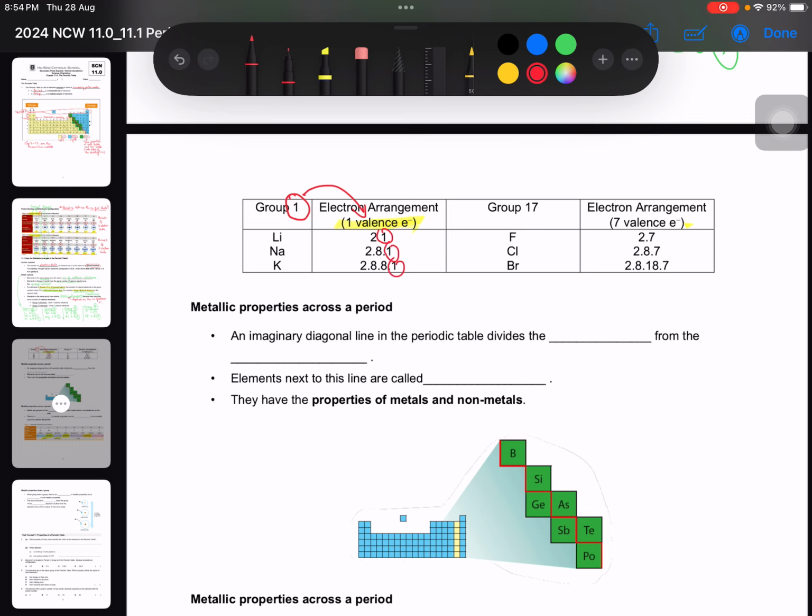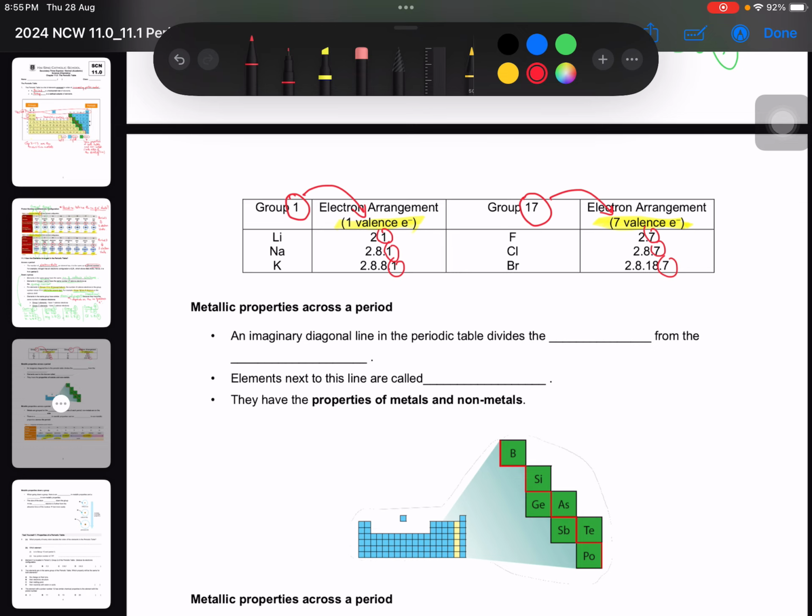If it is group 17, then they will have 7 valence electrons. Take the second digit. For example, as shown here, 7, 7, 7.